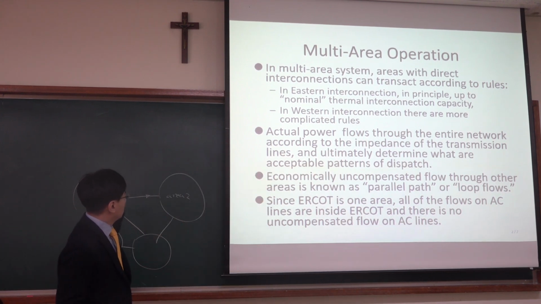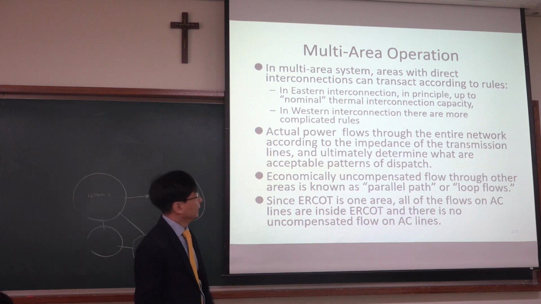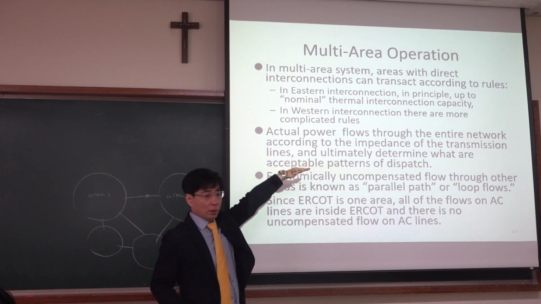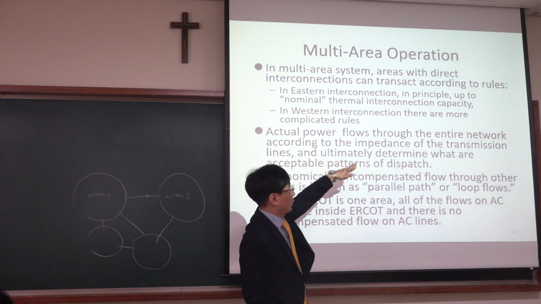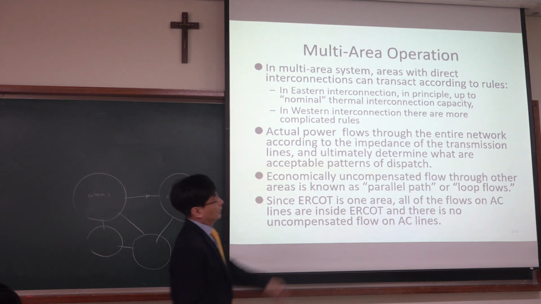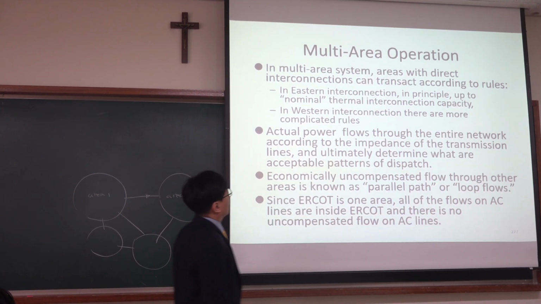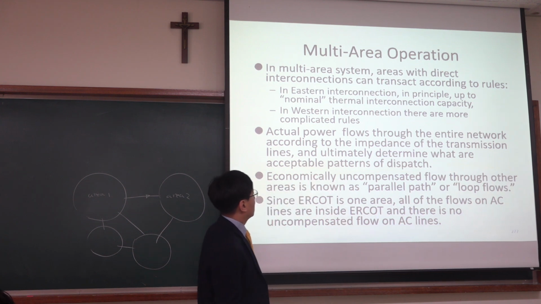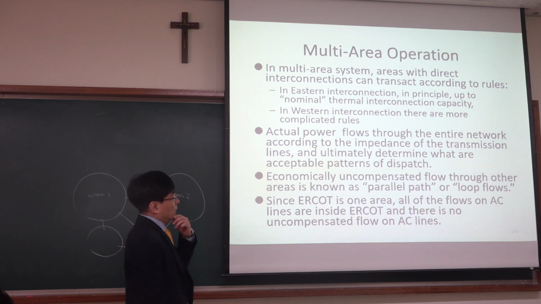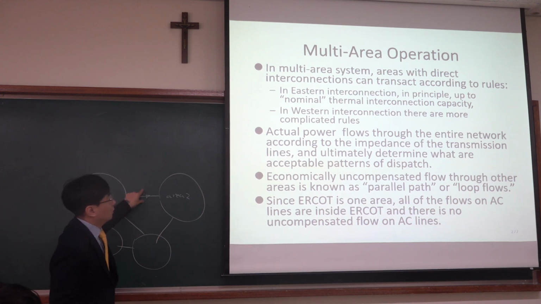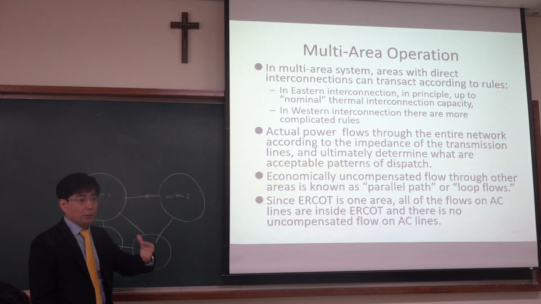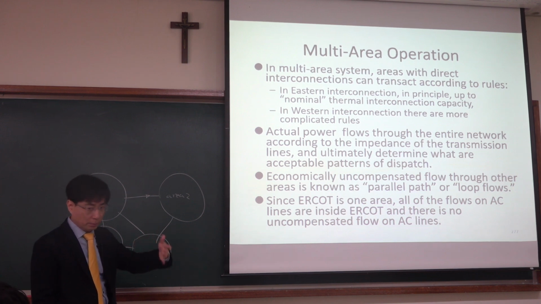So based on the rules, power transactions can happen, based on agreement, but the actual power flows through the entire network according to physical law, the impedance of the transmission lines, and that ultimately determines what are acceptable patterns of dispatch. So sometimes if the power flow matches our previous transaction, that can be compensated or they can be paid, right? Because of the agreement.